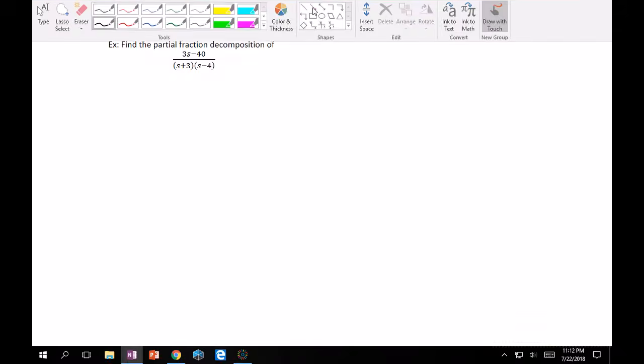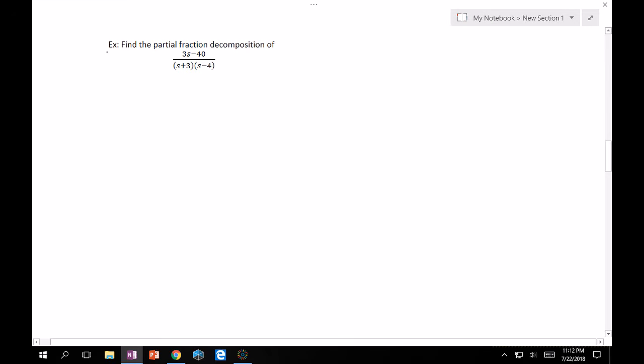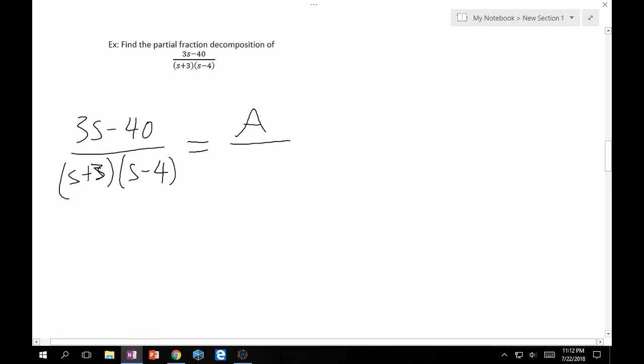Now, hopefully you already know what this means, but just in case, I'll go through it probably just this once fully. So what this means is we would love if we could separate the bottom two factors by themselves.